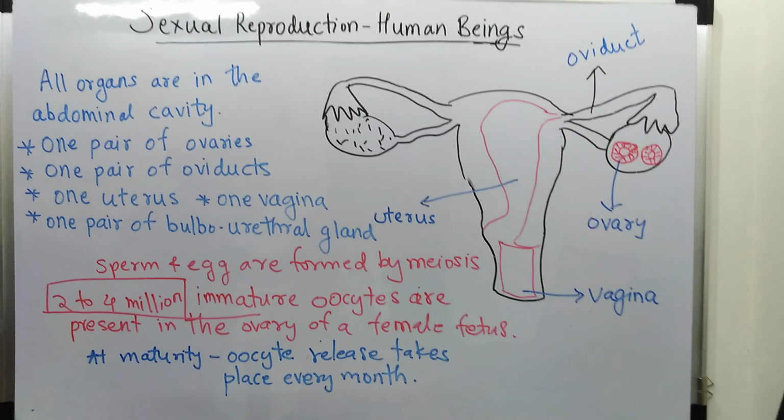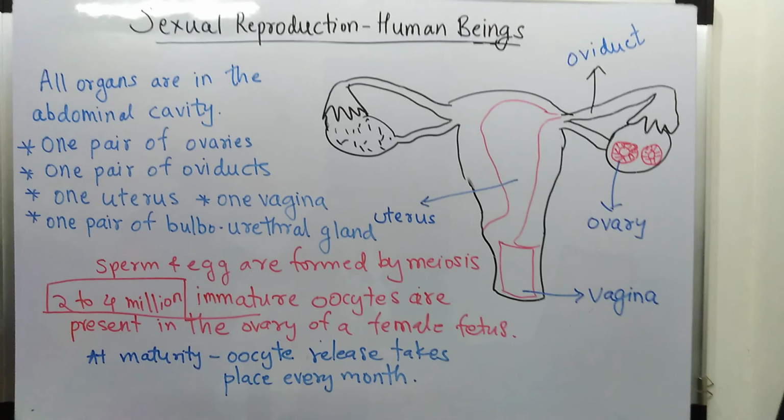When the girl matures, these oocytes start being released every month, and from the age of 45 to 50, anywhere in between, this reproductive system stops functioning, and that is called menopause. At about 45 to 50 years, secretion of hormones controlling the functions of the female reproductive system either stops or becomes irregular.